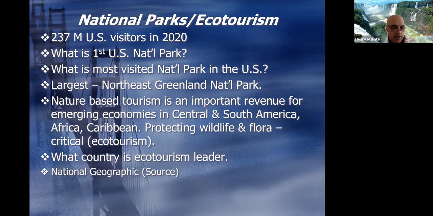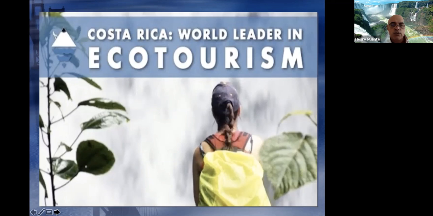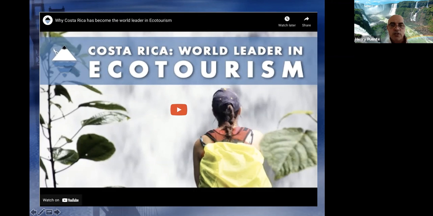A lot of countries throughout the world are trying to build economies around this idea of nature and protecting the wildlife and plants. And again, the country that's the ecotourism leader is Costa Rica. I'll show you a little bit of this.